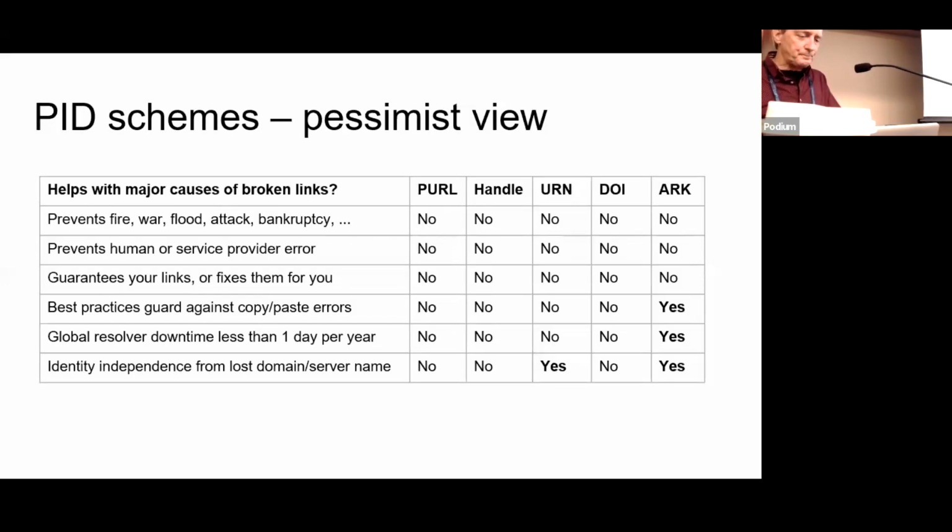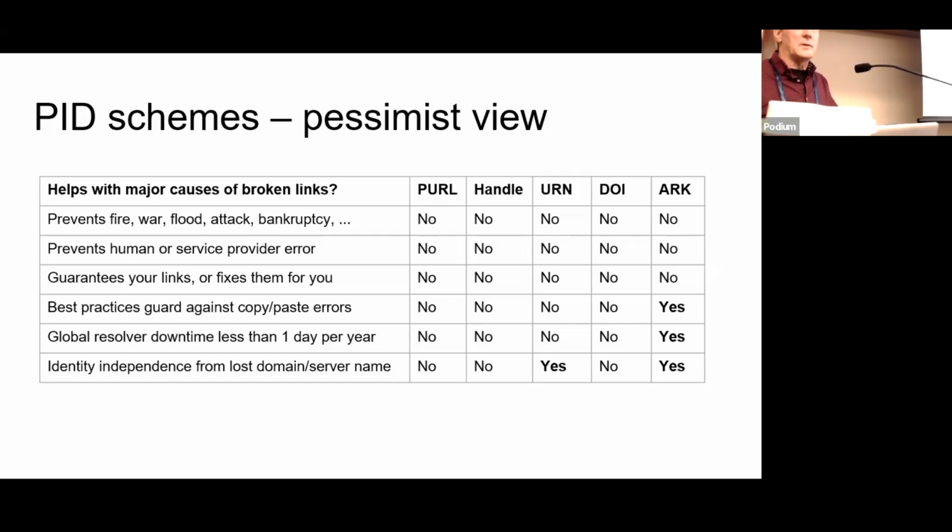So here's the grumpy old man view of identifier schemes. It's like, why bother? If you look at the first 3 lines here, you go, wow, no persistent identifier scheme does anything important, things that I really want done. They don't help me at all with the major and minor causes of preservation failure.